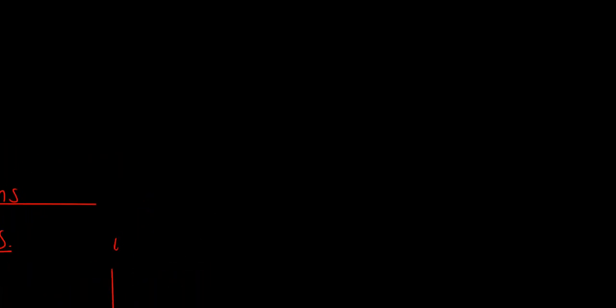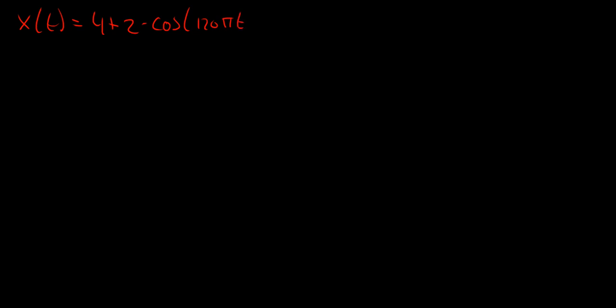So let's take a look at applying these filters. Recall that in a much earlier video we had the following function: 4 plus 2 times the cosine of 120 pi t plus pi over 6, plus 6 cosine of 220 pi t minus pi over 3.